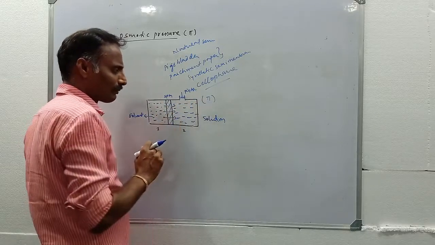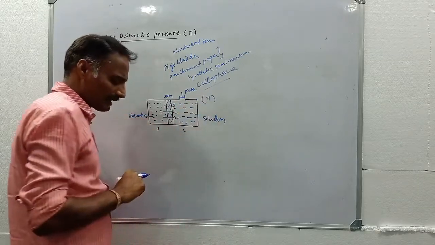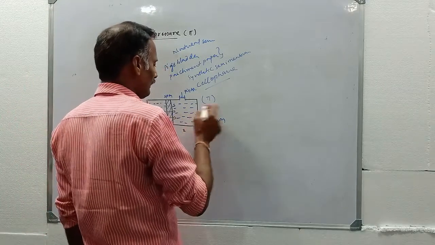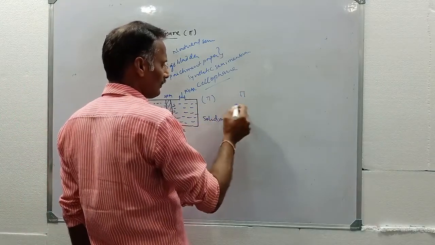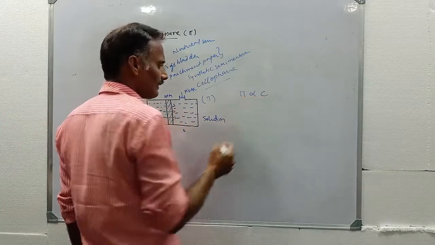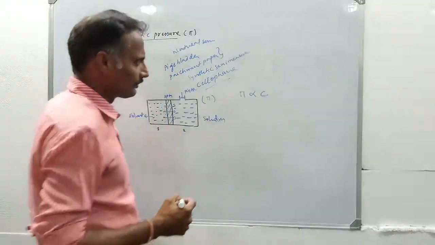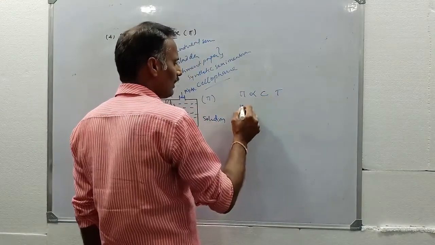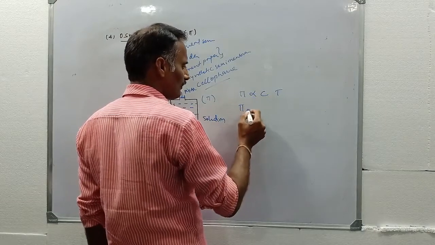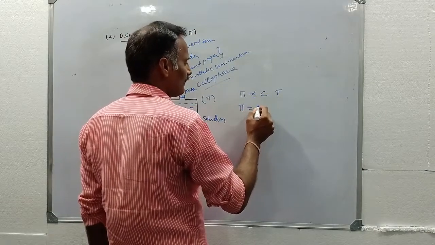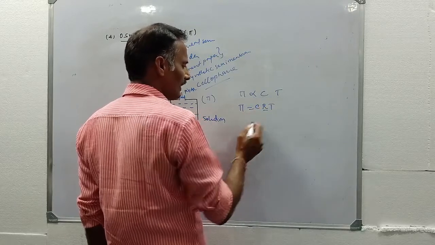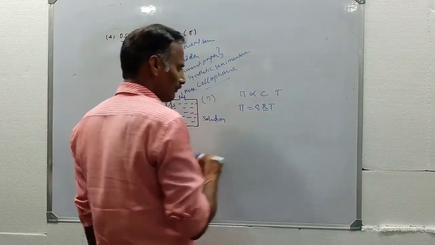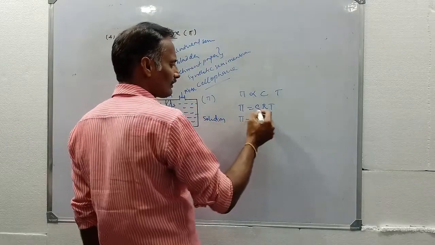Osmotic pressure is called a colligative property since it depends upon the concentration of solute particles in the solution. Osmotic pressure of a solution is directly proportional to the concentration of the solution, and also directly proportional to temperature. So π = CRT, where R is the gas constant, C is the concentration of the solution, and T is the temperature.